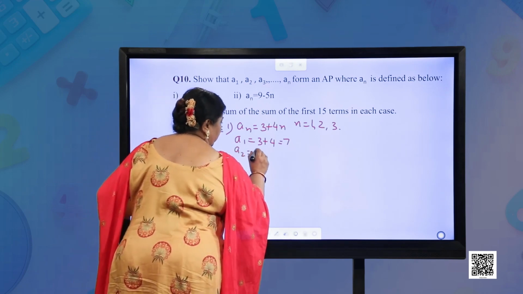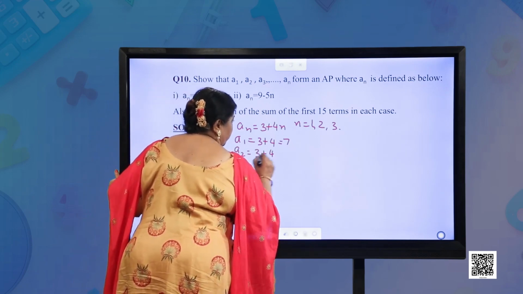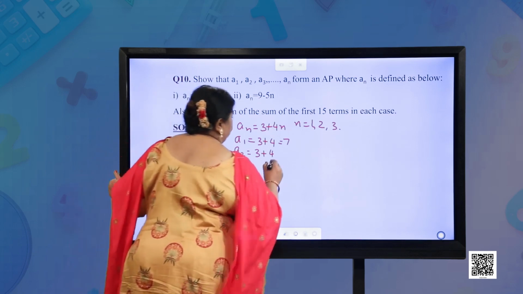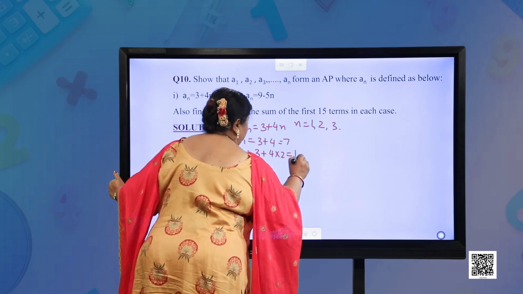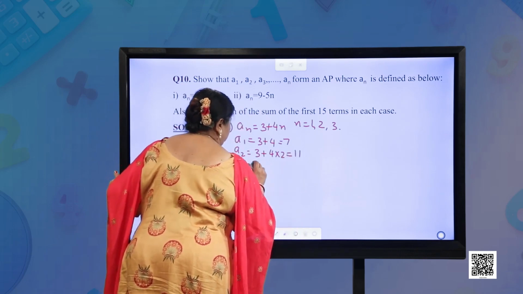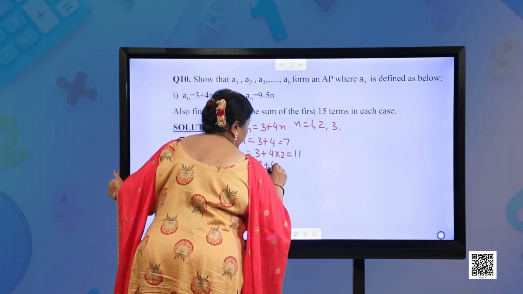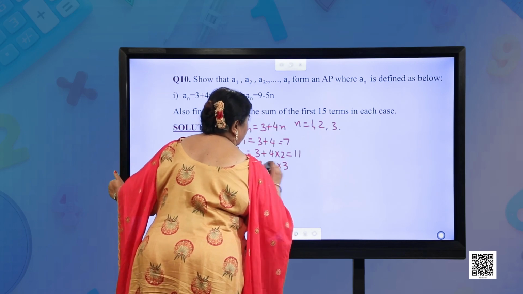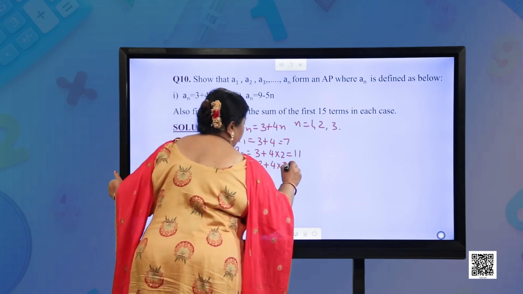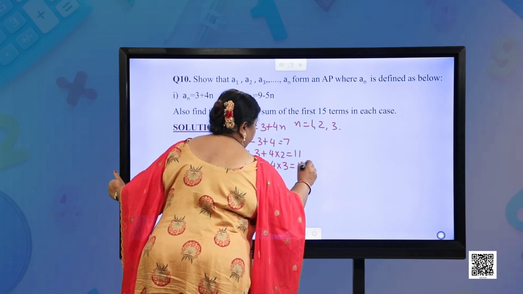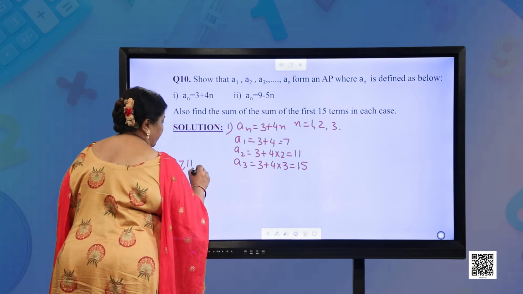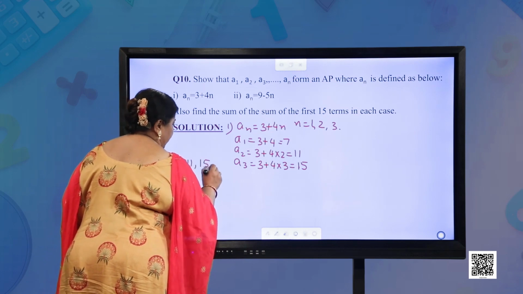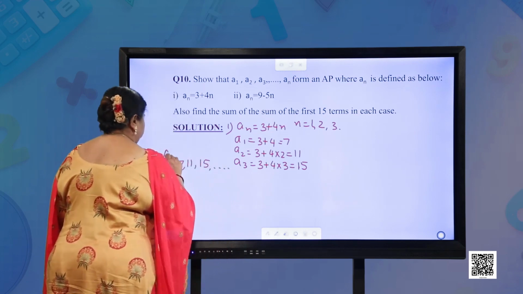Likewise, what is a2? 3 plus 4 into 2 is 8, 8 plus 3 is 11. a3, 3 plus 4 into 3, 12 plus 3 is 15. So, I get 7, 11, 15 as the terms of the AP.